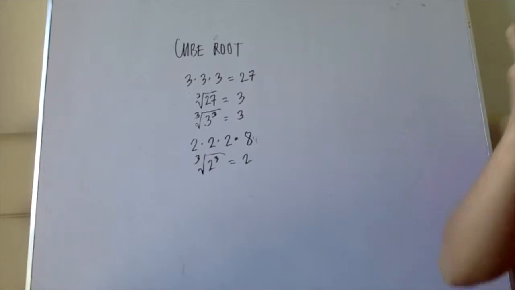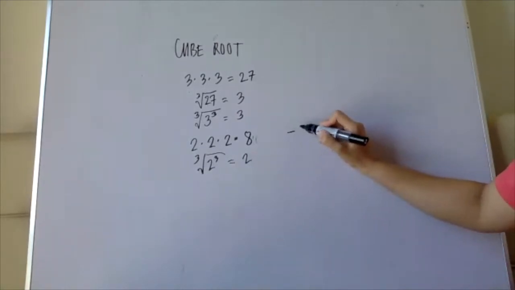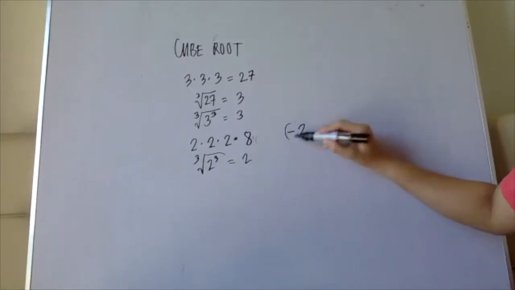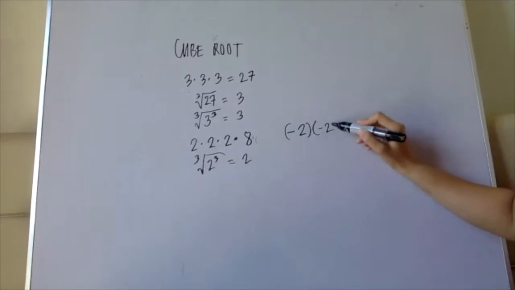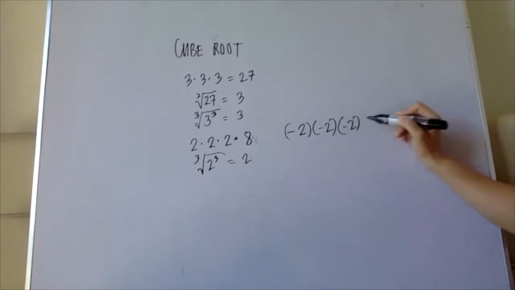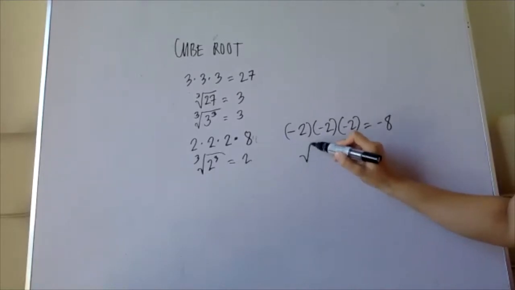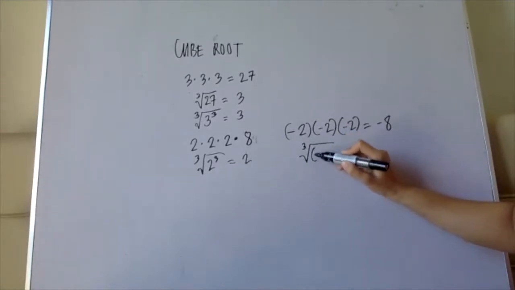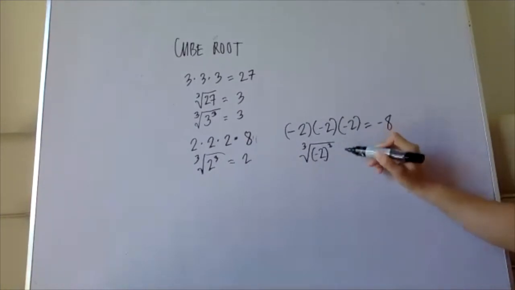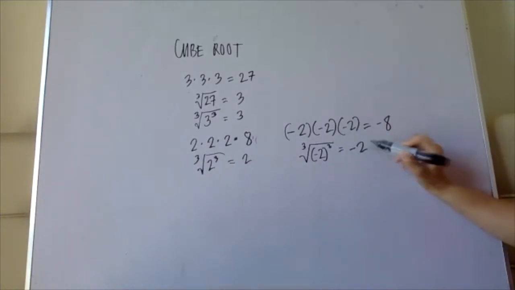How about if you have negative 2 times negative 2 times negative 2? This is equal to negative 8. So if we have cube root of negative 2 cube, the answer here is negative 2.